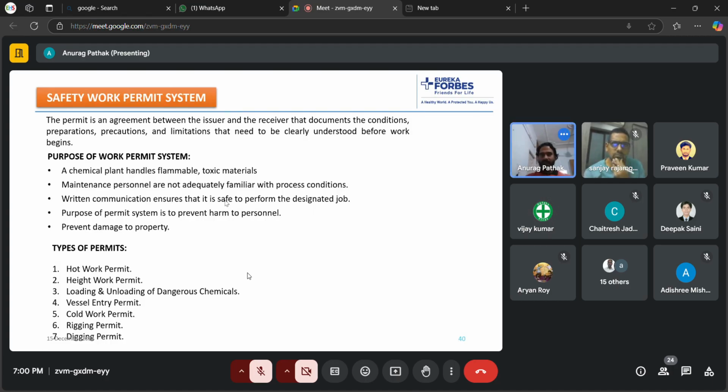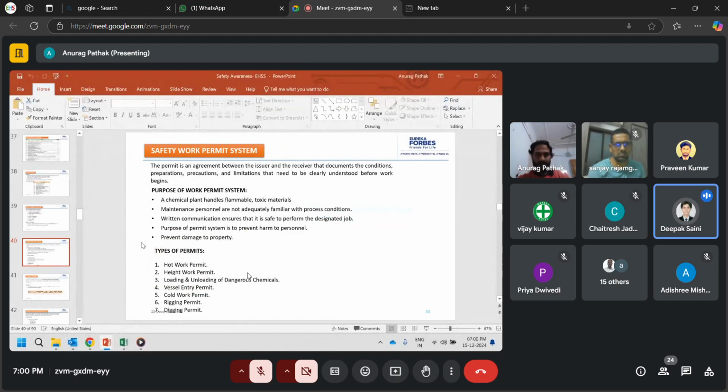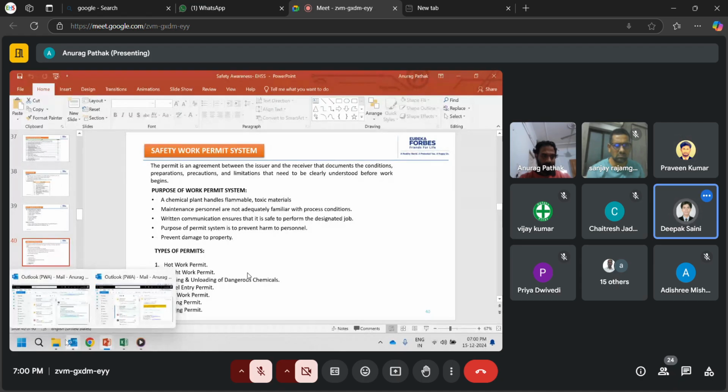Okay, anything else? Sir, the work permit system is a legal system. If any incident happens, it is the evidence that we have checked all the parameters and that all the instructions for the work are given in the work permit system.